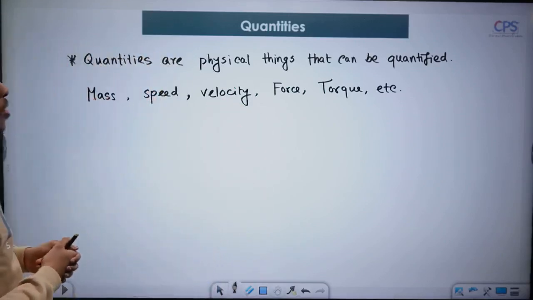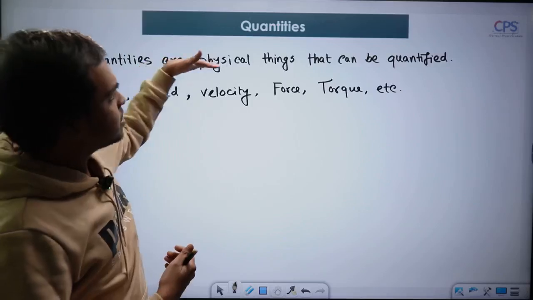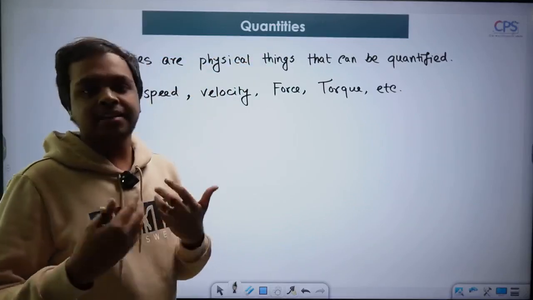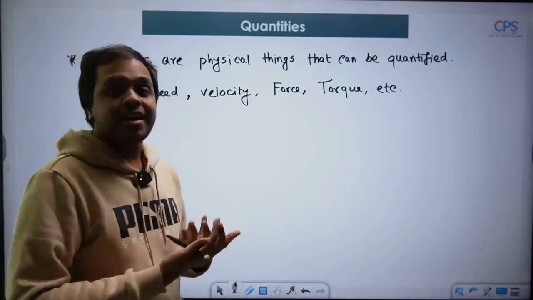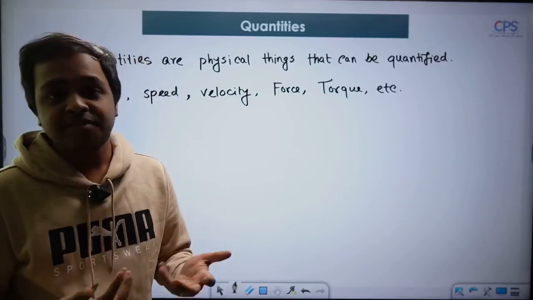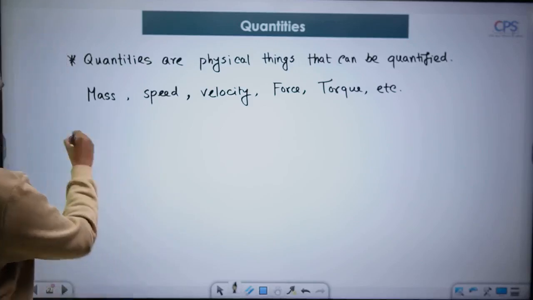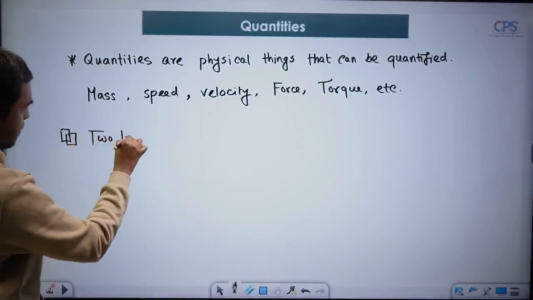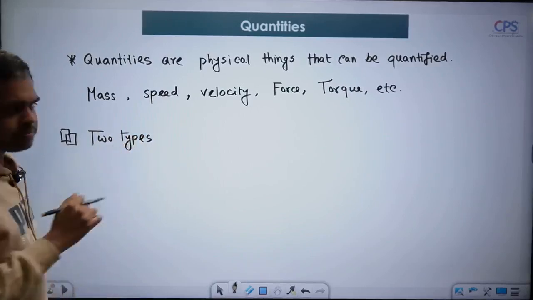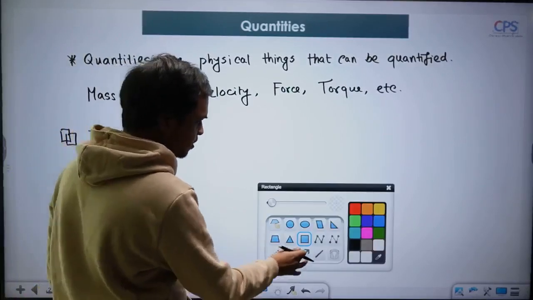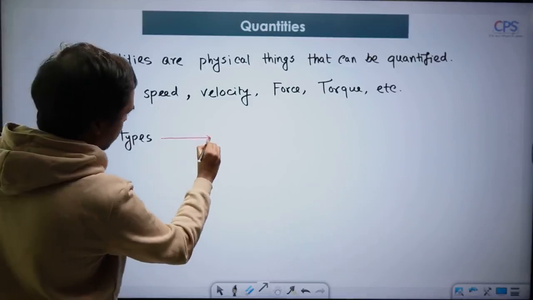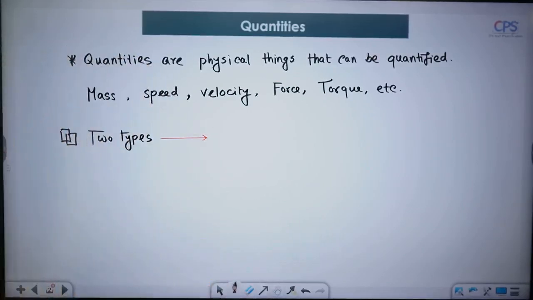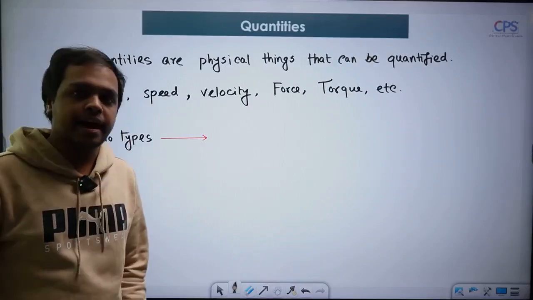So then what are quantities? We just gave them a definition, but what are their classifications? There are two types of quantities. Okay. So I'll be clearing each of them. So let's start by those quantities that have only a value, not a direction.